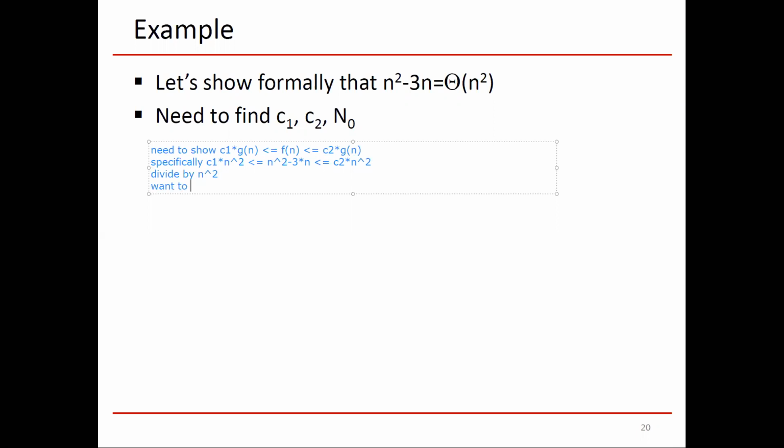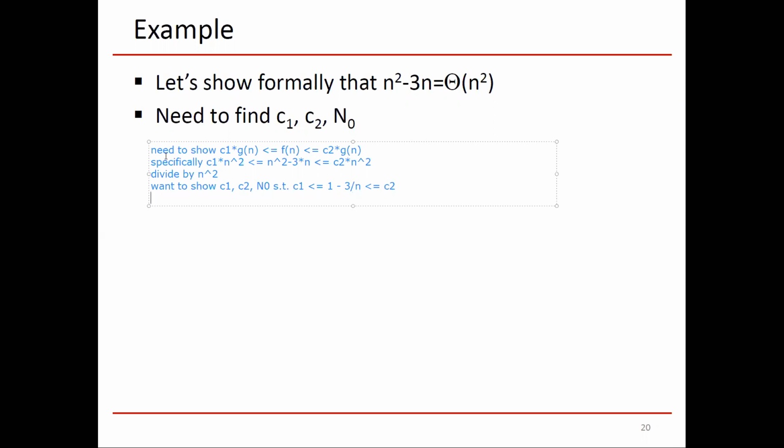So we want to show C1, C2, N0 such that C1 times n squared divided by n squared is C1, is less than or equal to n squared divided by n squared, which is 1, minus 3n divided by n squared, so we're subtracting 3 over n. And we want to show that it's less than or equal to C2.